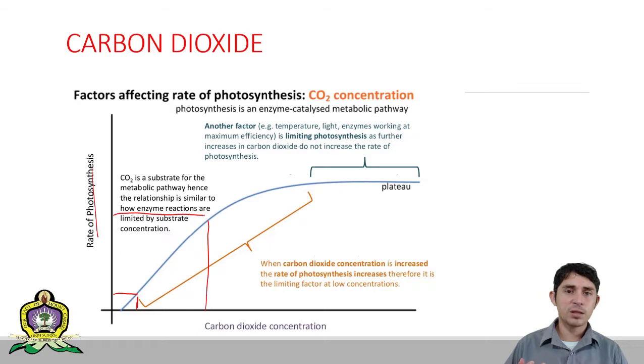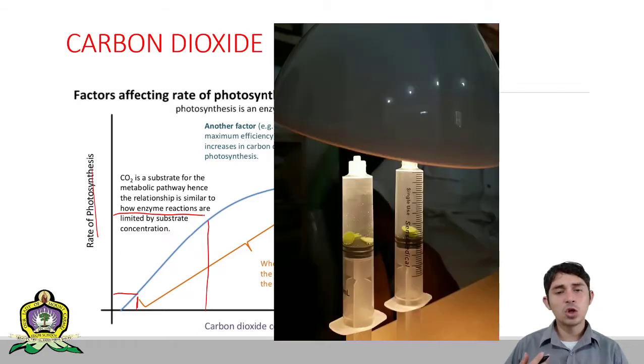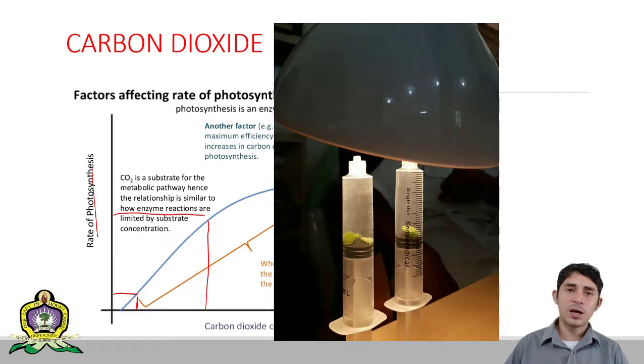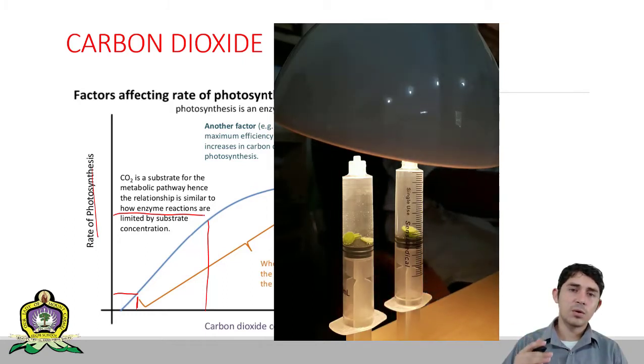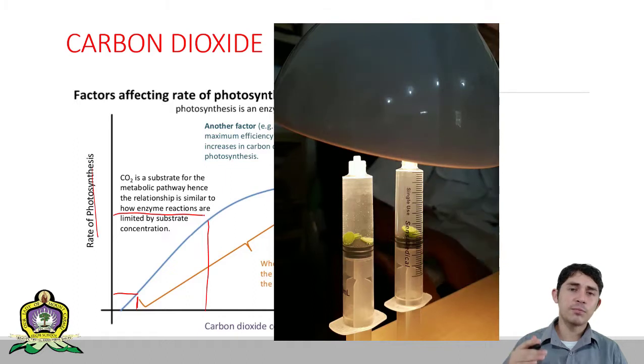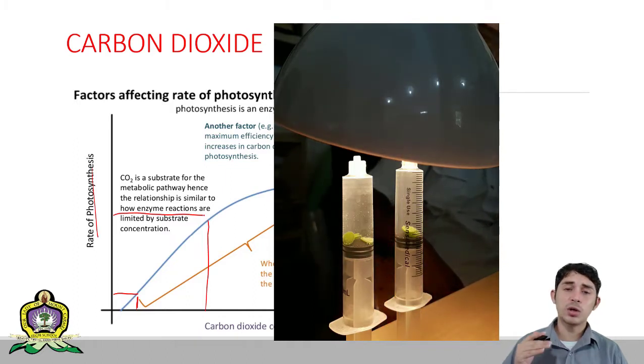In the experiment that you need to conduct on your own, you will notice that as you add carbonate and dissolve carbon dioxide into the water, the amount of bubbles being produced by the leaf actually increases dramatically.